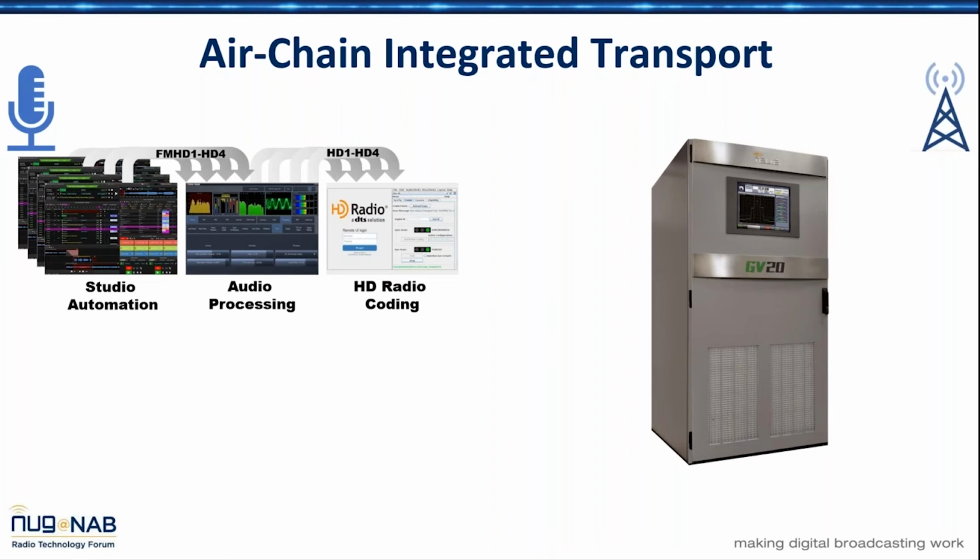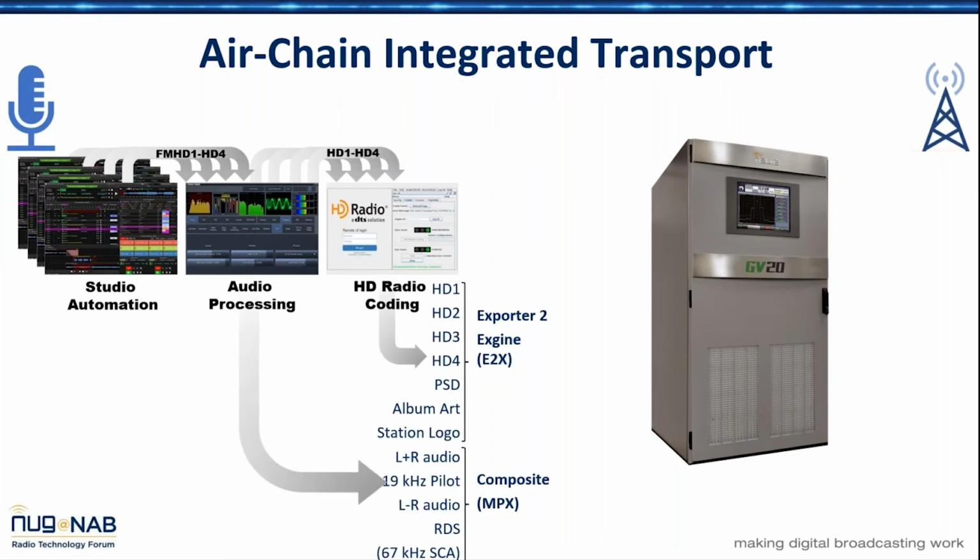Shown on the top left, 4 automation systems playing into an audio processing engine, and that could be over LiveWire, it could be over even Shoutcast, Icecast, or other AoIP standards. And as we just talked about, the HD 1 to 4 is transferred directly from the audio processor to the HD Radio encoder. And if you look at all the things that this transport stream carries, it's quite a bit.